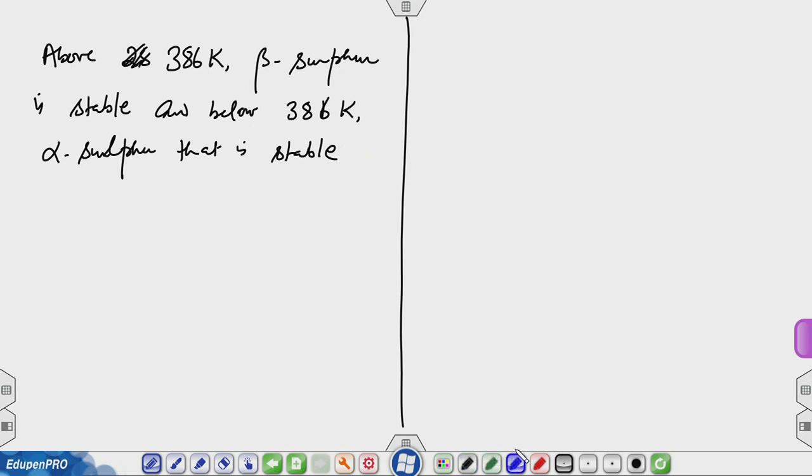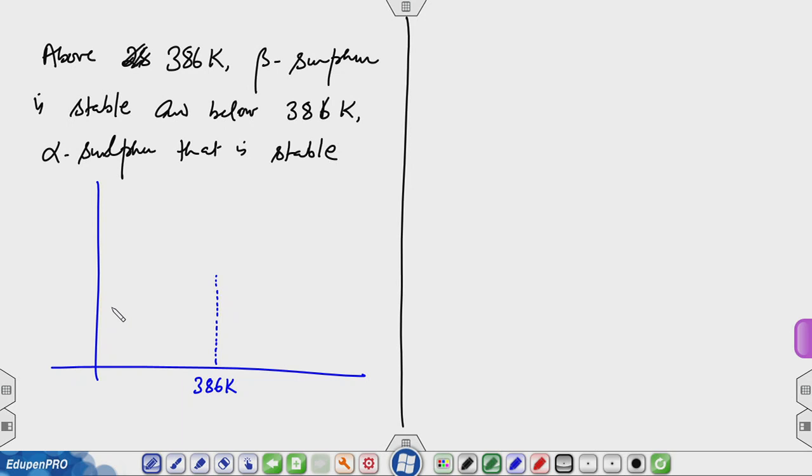So what you see if you just plot the entropy, here is temperature 386 K, so suppose I were to plot the entropy of these two forms, then I have the entropy of the two forms like this, and there is a jump in the entropy at 386 Kelvin.